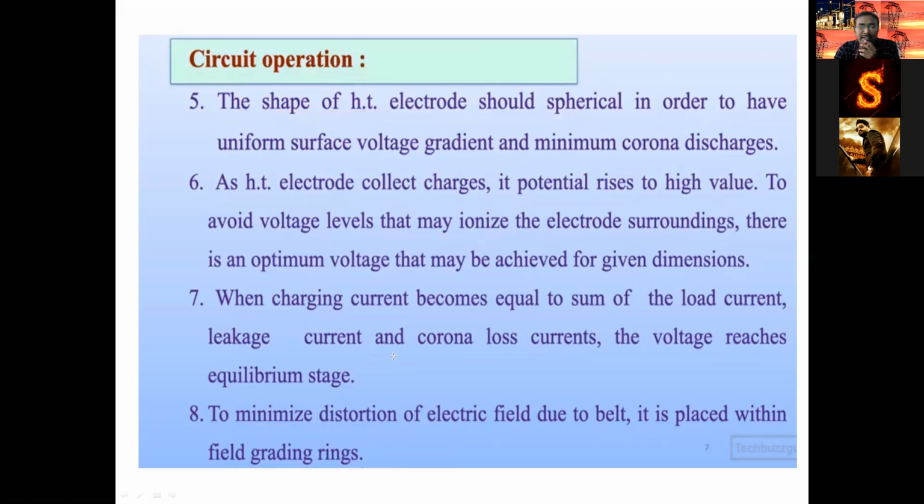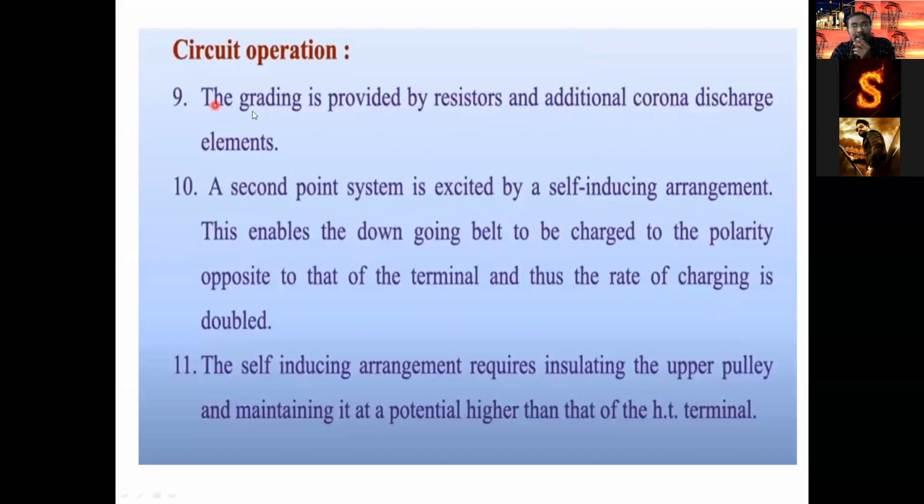If the field grading rings are not there, it is easy to discharge into the air, through the belt also. So to avoid that distortion of the electric field at the belt, it is placed within the field grading rings. It's clear. Next, the grading is provided by resistors and additional corona discharge elements.